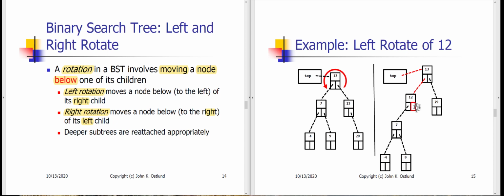And then 12's right side is now empty. If we look at the node 12, all of the values below the 12 are less than the 12, and so they have to remain in the left child of the 12. As far as values between 12 and 13, there are no values between 12 and 13. 12 and 13 are consecutive values.